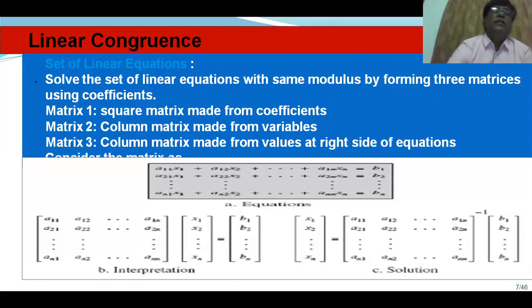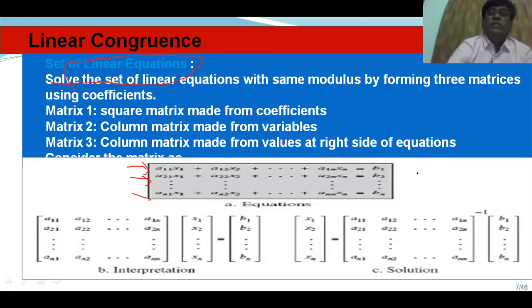And in linear congruence, if you have been given a set of linear equations in this format, these x1, x2 are the variables, and a11, a12 are the coefficients.